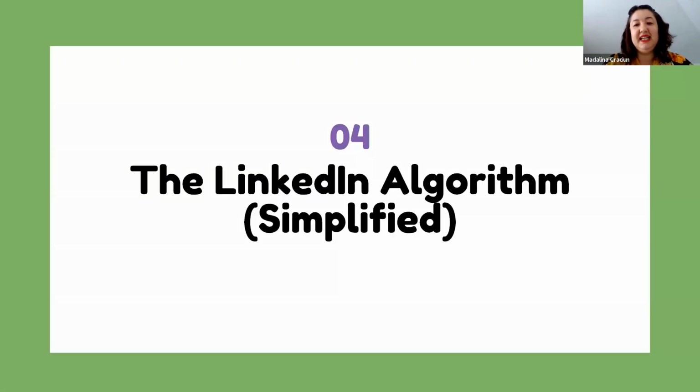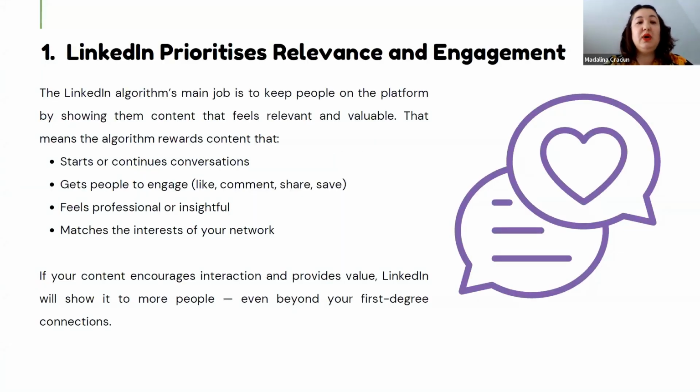Let's talk about the LinkedIn algorithm. I've simplified this and I really hope it gives you a lot of insights. So what LinkedIn prioritizes is relevance and engagement. The LinkedIn algorithm's main job is to keep people on the platform by showing them content that feels relevant and valuable.